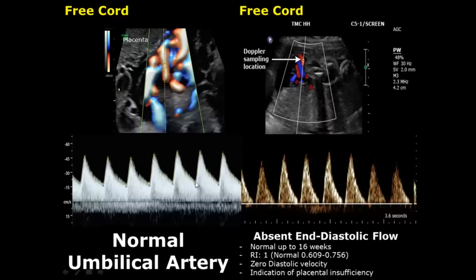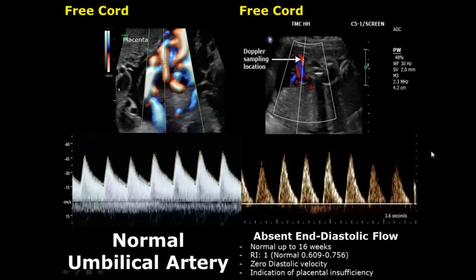The diastolic velocity is 0, and if spectral analysis is performed around 16 weeks, that is normal because at this stage the resistance is higher. So it is normal to see this graph in 16 weeks of gestational age.